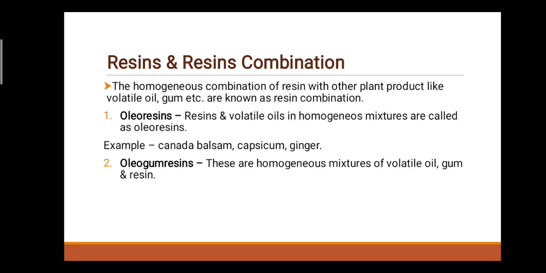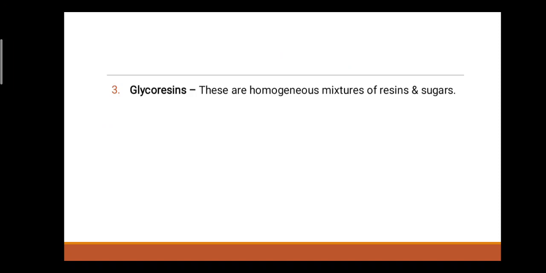Second one, oleogum resins. These are homogeneous mixtures of volatile oil, gum and resin. Example: myrrh, asafoetida. Third one, glycoresins. These are homogeneous mixtures of resins and sugars.